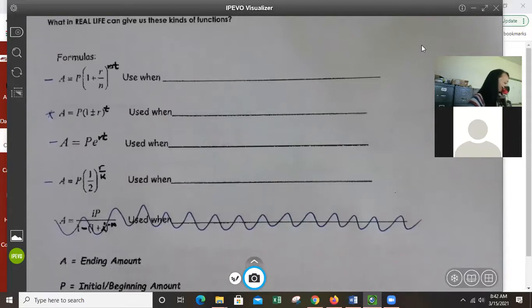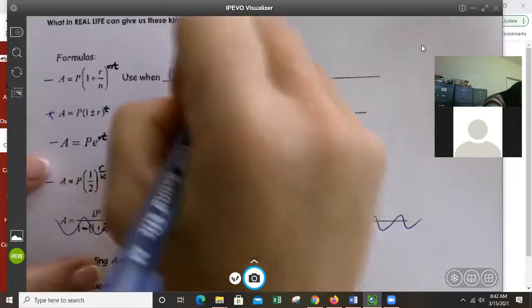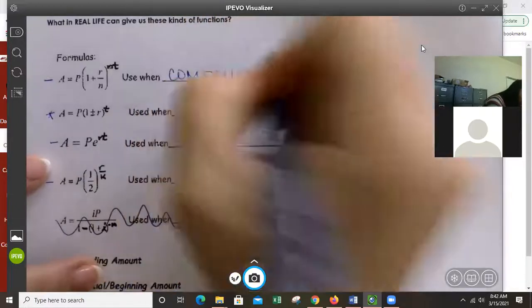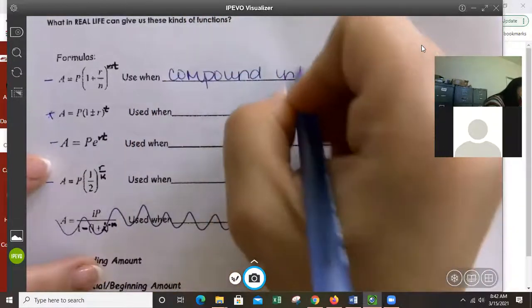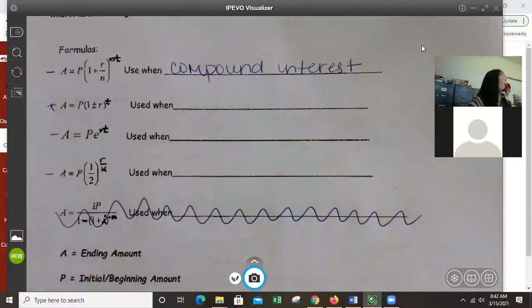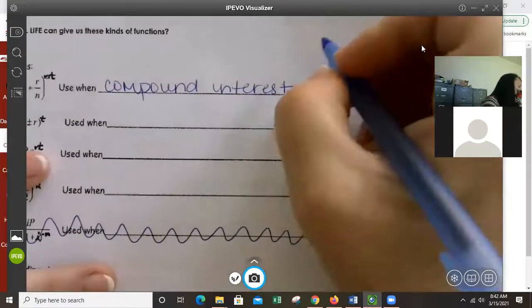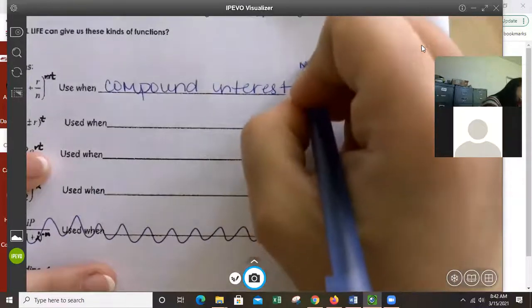Okay. So this one, and your problems will say it, you're going to use for compound interest. So it'll say interest compounded, and there's a couple things that they'll tell you.